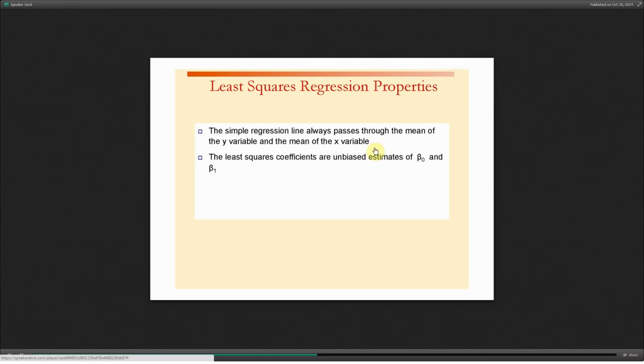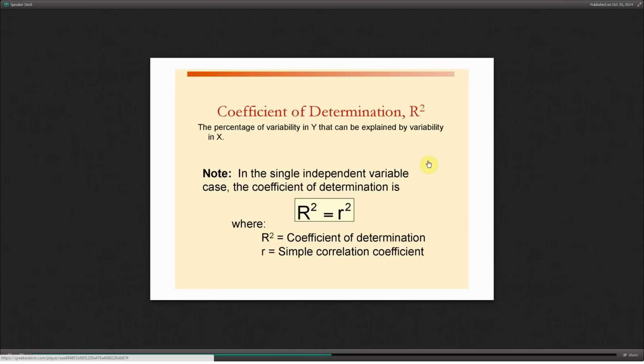So unbiased estimates mean that when I look at the B0 and B1, they're not going to be either a little more positive or a little more negative than what we would expect them to be. So that has to do with the estimates and the interpretations of the slope and the intercept.